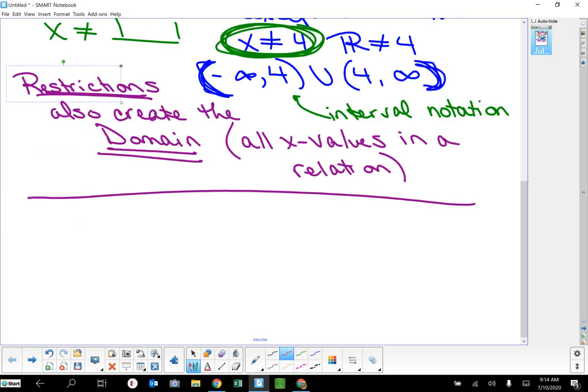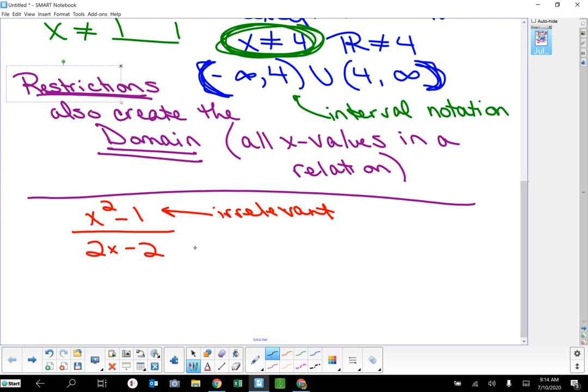So let's look at another one, a little bit more complex function. Well, not function, but expression. If you see x squared minus 1 over 2x minus 2, the numerator is completely irrelevant when you're talking about the restrictions or the constraints, okay? So we want to set the denominator equal to 0 and solve.